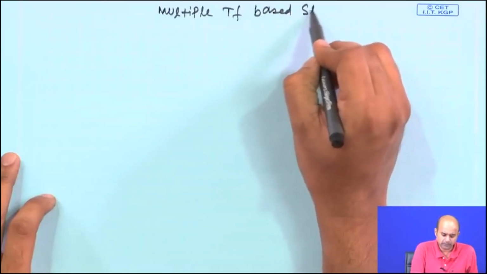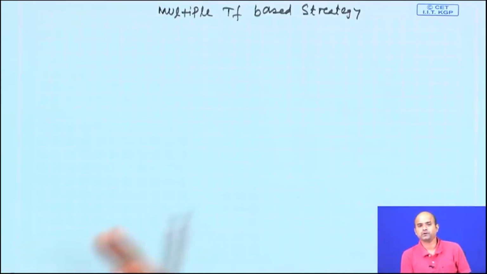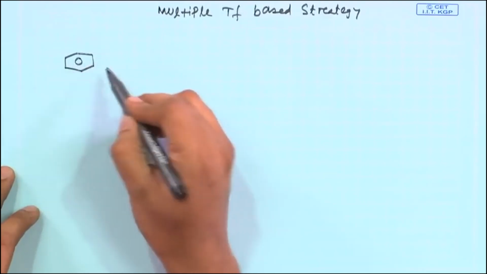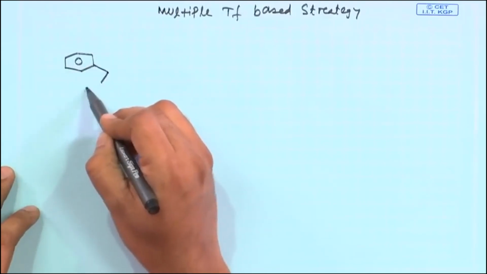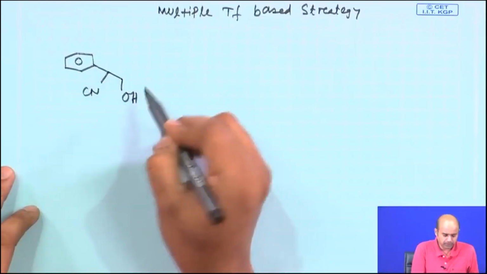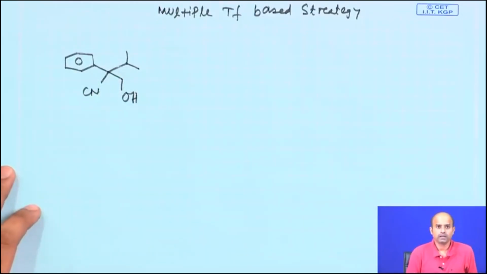Sometimes the transformation you require is a combination of a couple of transformations, like 3-4 transformations combined together, but till now we have not discussed any complex structures, only simple structures where you can just play with 2-3 functional groups or 2-3 transformations. In this particular target, which we will discuss next, we will be using 2-3 transformations together, and I am sure all the transformations are known to you or were earlier discussed.